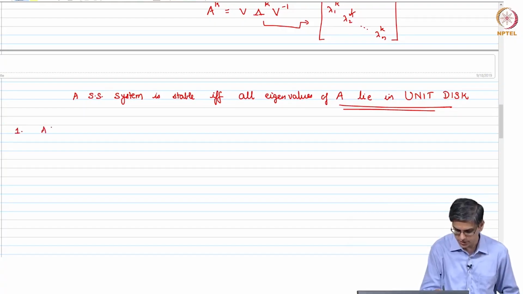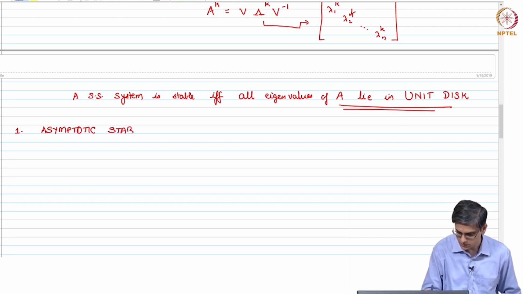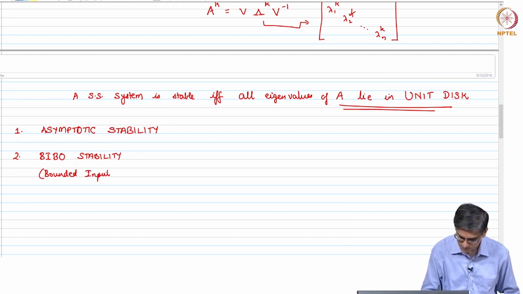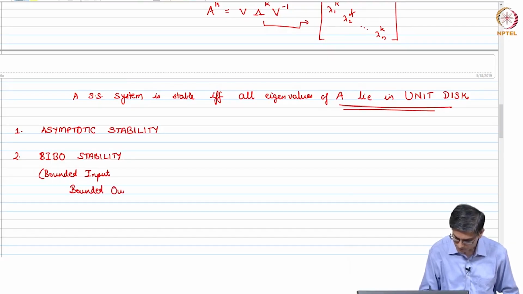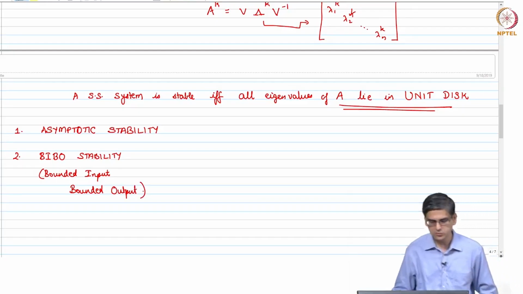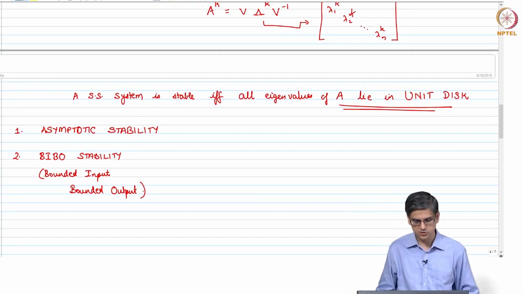One is called BIBO stability, bounded input, bounded output stability.